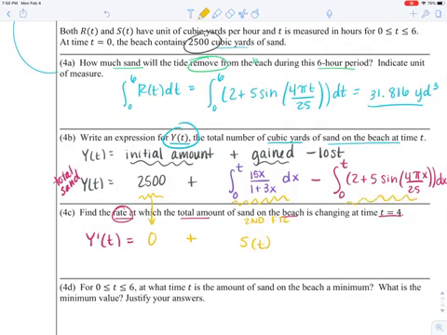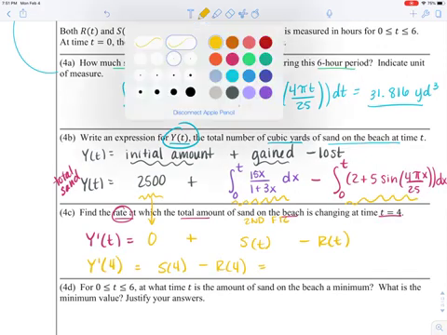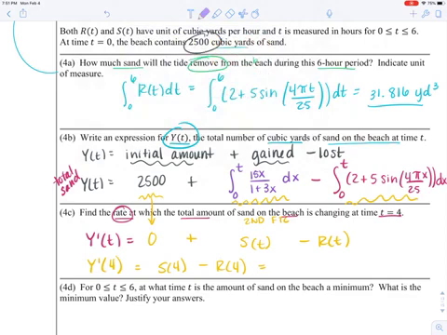And when I take the derivative of this, it's just going to be my function R of t. And so if I want to find y prime of 4, it's going to be S of 4 minus R of 4. So you're going to go up to the top of the page and you're going to plug 4 into both of those functions. When you do that, you should get about negative 1.909. I need a unit, yards cubed per hour, because this is a rate.